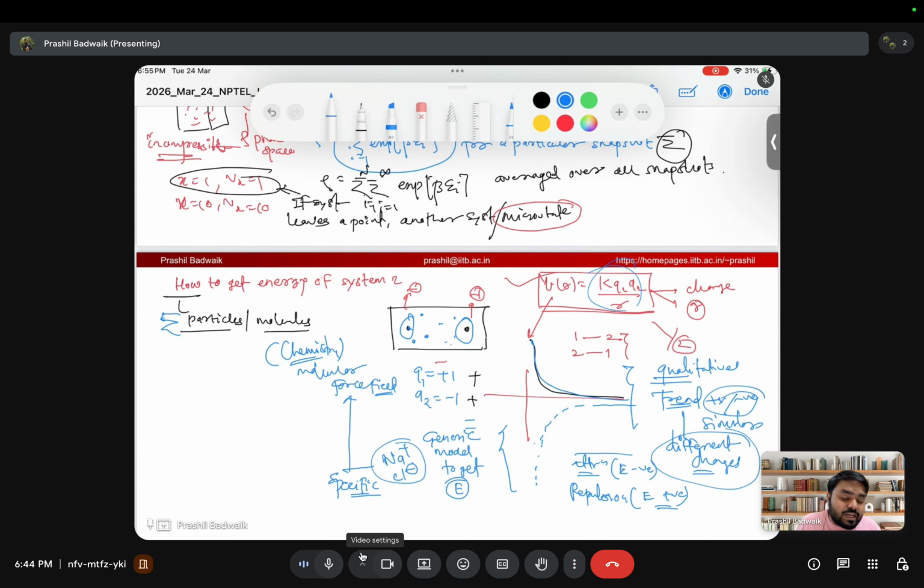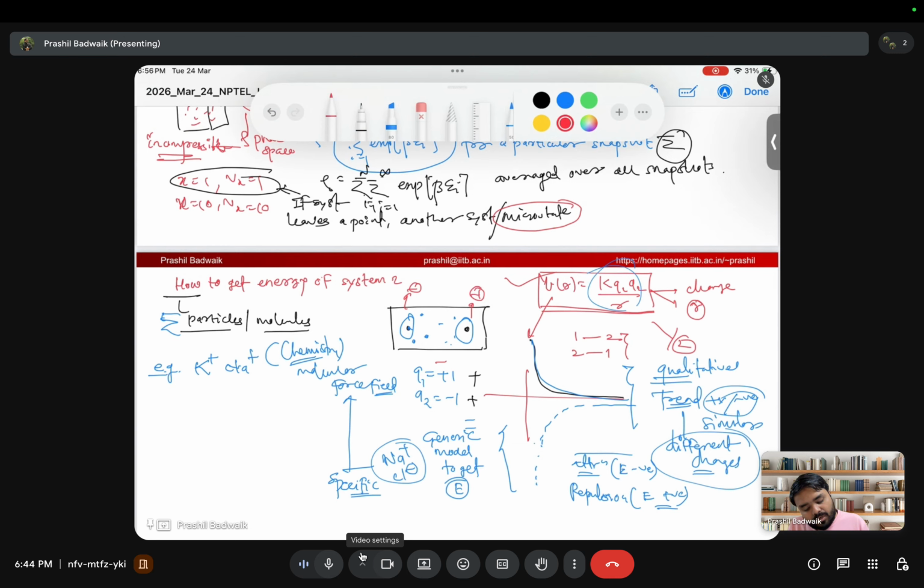We cannot say that Na plus is also a positive ion and K plus is also a positive ion, so both will behave the same. No, in that case we need to go particularly. So again, for example, K plus, and then there is Na plus.